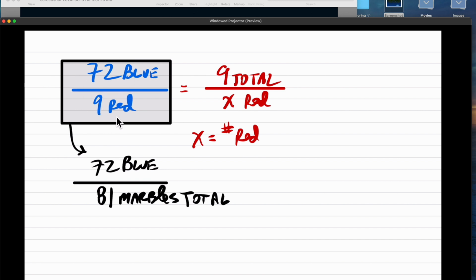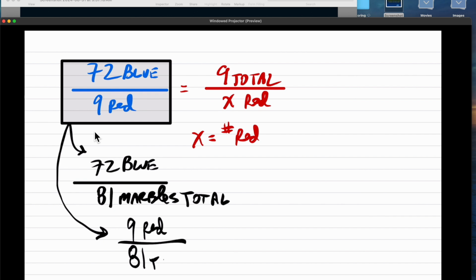Now, what else does this tell us? It also tells us that there are 9 red for every 81 total. All right, you're going to see this same concept in a problem with how many boys and girls, the ratio of boys and girls in a classroom. If there's a total of 25 students, how many girls, that type of problem. So you have to recognize that this ratio in part 1 gives us this information as well.